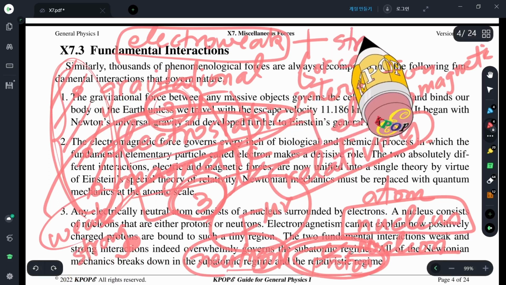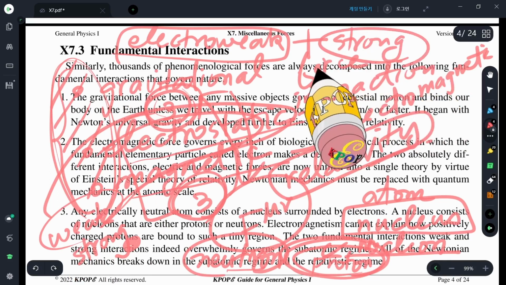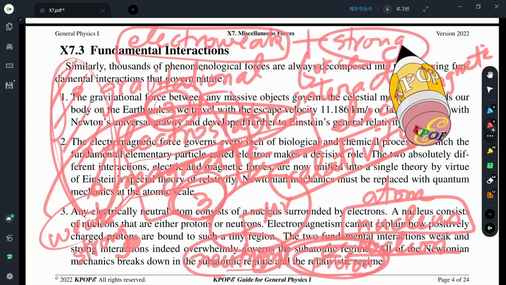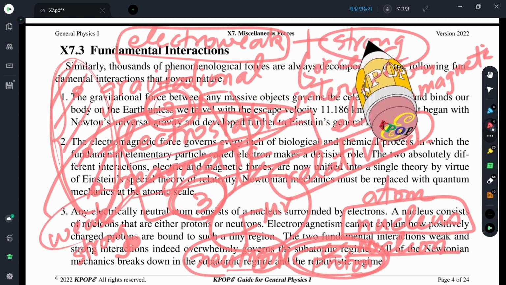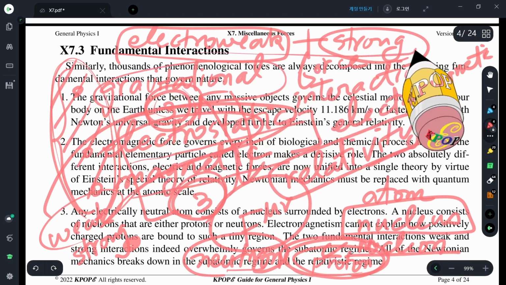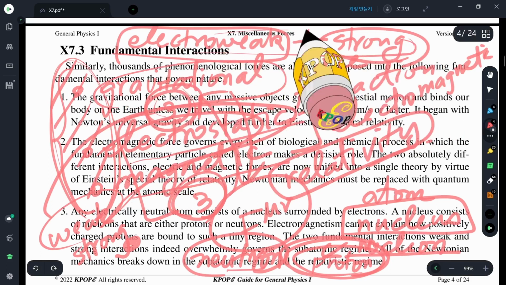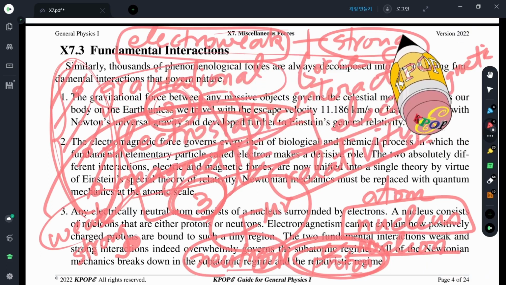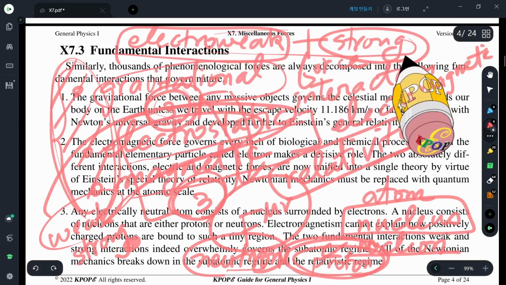We have a strong interaction. Electroweak theory, strong interaction. And they are consistent. And finally, these two sets are well explained within quantum field theory.